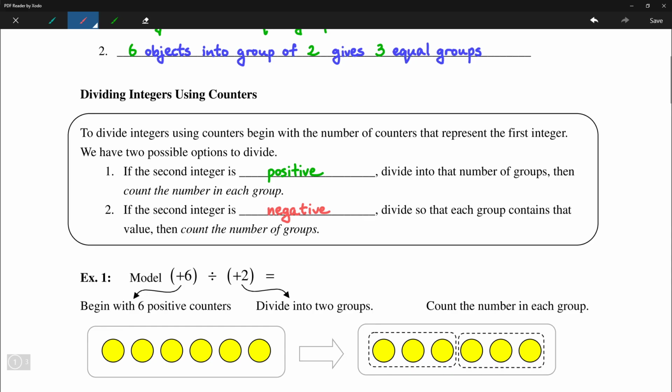Okay. And again, using this model just gives us an idea of how dividing can look. So the first one, we have 6 divided by 2. We have 6 positive counters in yellow here, and then we're going to divide it into 2 groups, and there are 3 counters in each group. So 6 divided by 2 is 3. All right, so 3 per group.